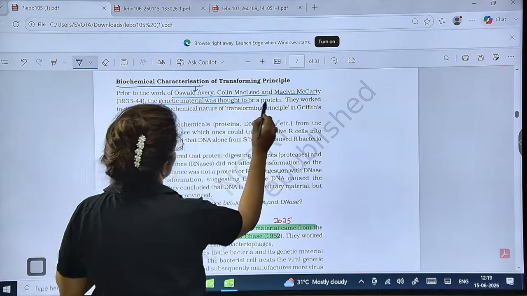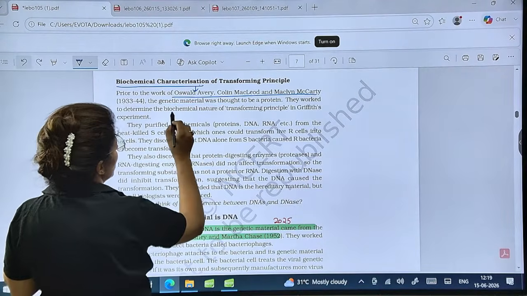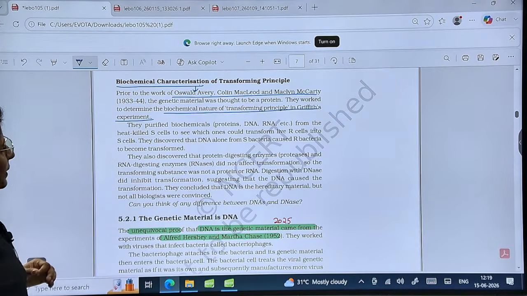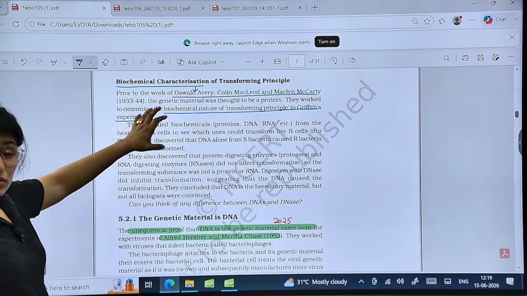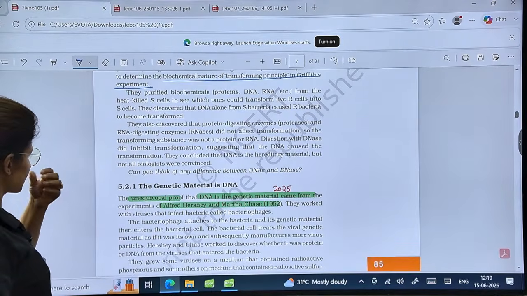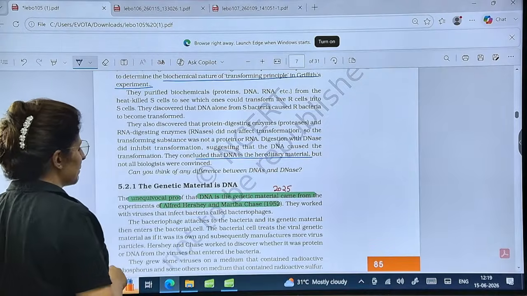Genetic material was earlier thought to be protein, but it is not so. They used the same setup as that of Griffith, and concluded that DNA is the hereditary material.